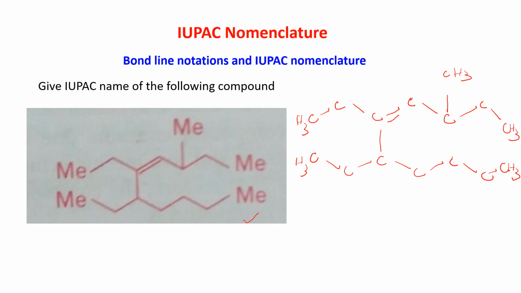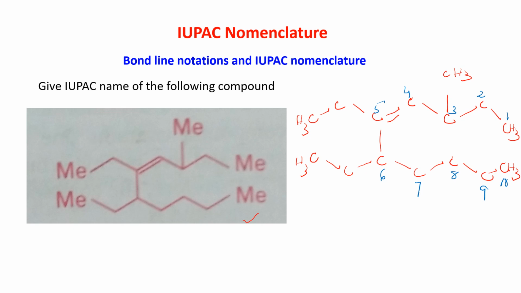Now give the numbering. The numbering will start from here. 1, 2, 3, 4, 5, 6, 7, 8, 9 and 10. Okay, you can try with the other numbering and you can see which is the longest chain. Now first you see how many hydrogen atoms will be present with each one of the carbon atoms.